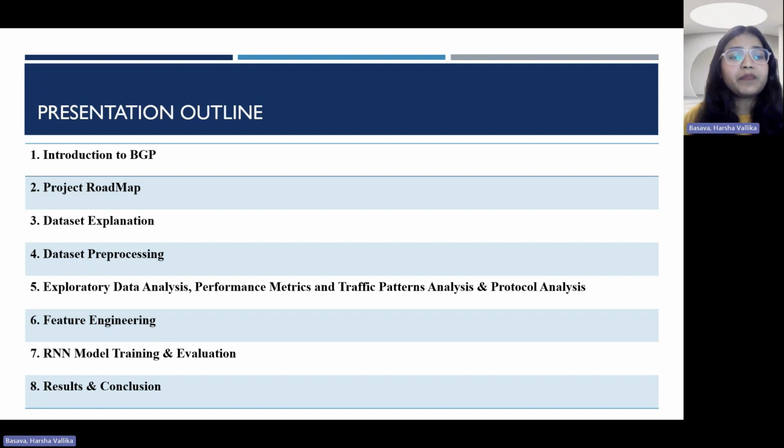Then we'll pre-process the dataset, which is the initial step of every data science project, and perform certain analysis on the data to gain insightful information that would help us in the feature engineering process. As we have decided on RNN model training, we'll train it, and then we'll evaluate the model performance. Finally we'll see the results and the conclusion.